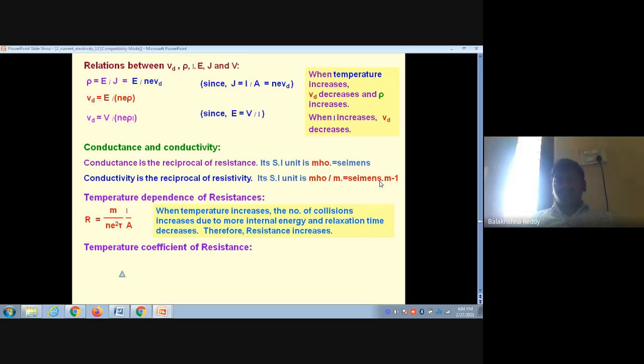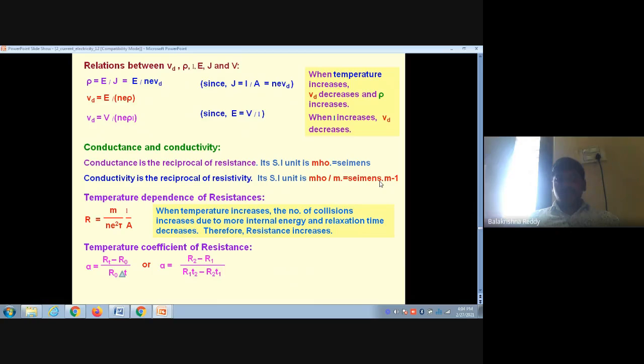What is the temperature coefficient of resistance? Look here. α = (Rt − R0)/(R0 ΔT), meaning final resistance minus initial resistance, over initial resistance into change in temperature.